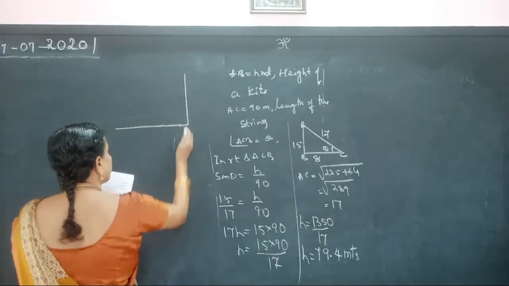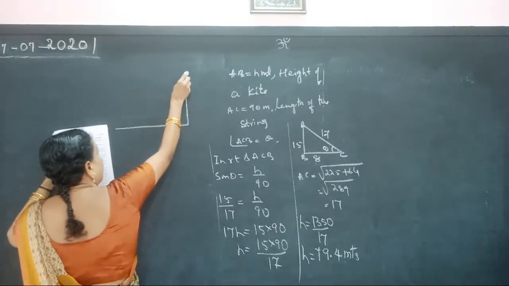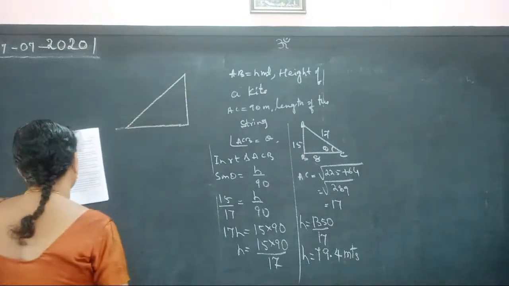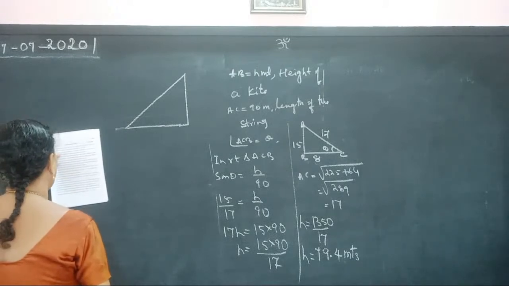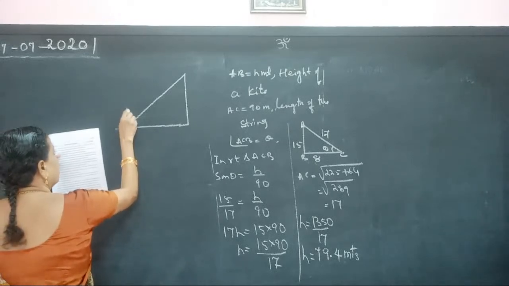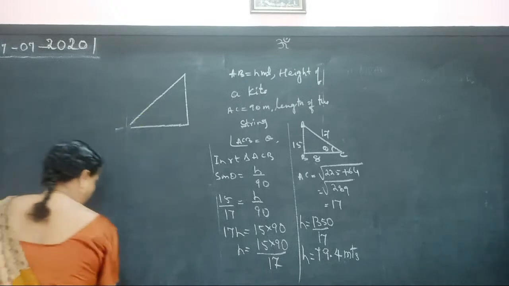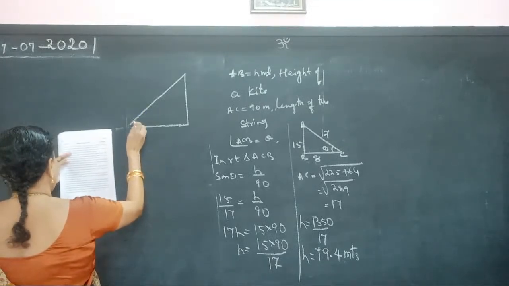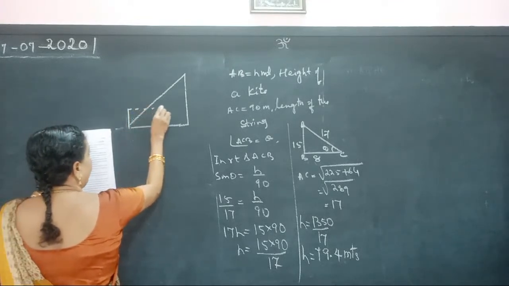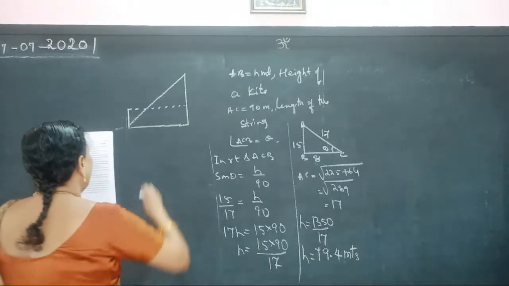Now, first condition, the angle of elevation of the top of a tower is 60 degrees. From another point 10 meter vertically above the first, its elevation is 45 degrees.